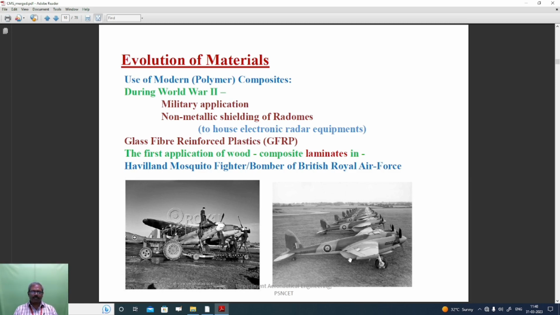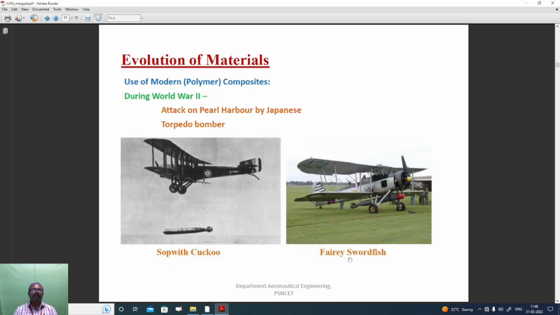The first application of wood composite laminates was in the de Havilland Mosquito fighter bomber of the British Royal Air Force. During World War II, in the attack on Pearl Harbor by the Japanese, they used a torpedo bomber.